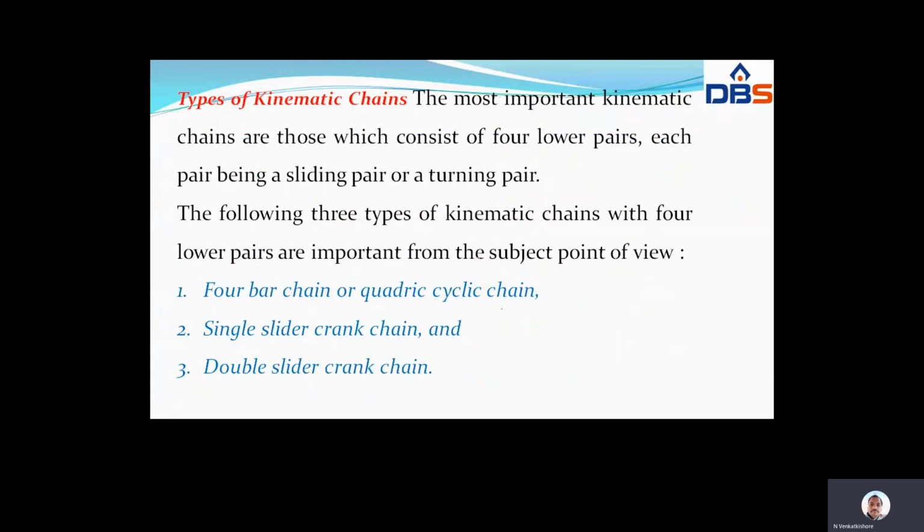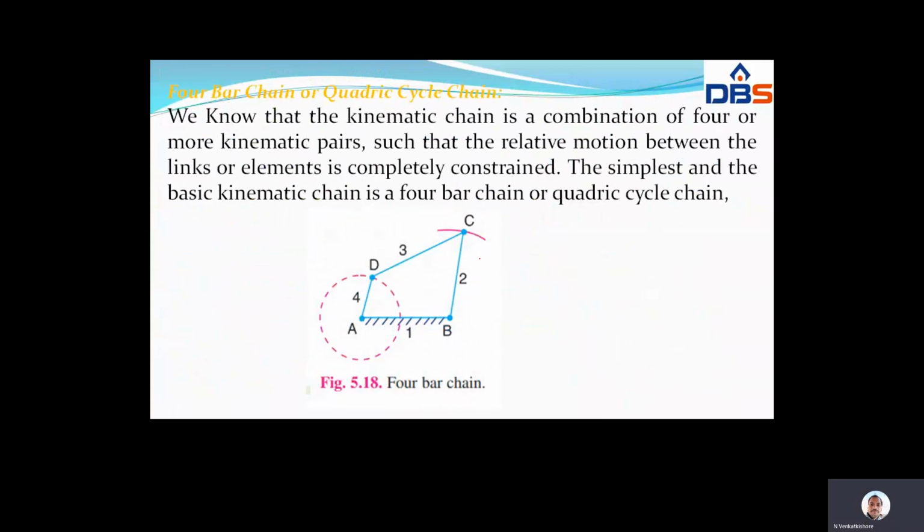Firstly, we go through the 4-bar chain or quadric cycle chain. We know that a kinematic chain is a combination of 4 or more kinematic pairs such that the relative motion between them is completely constrained.